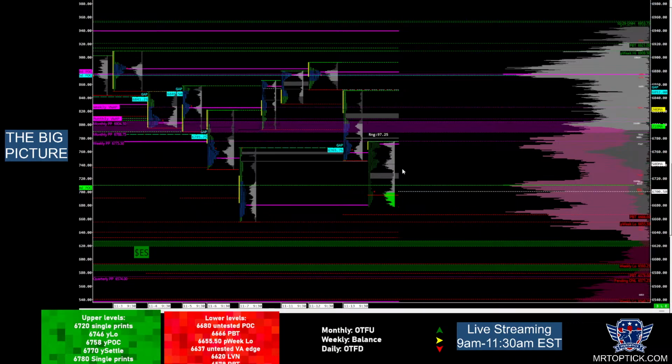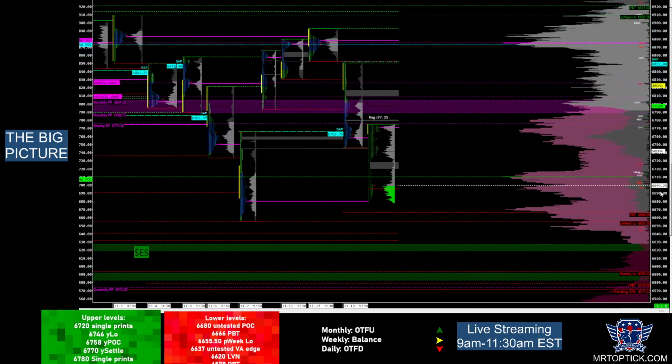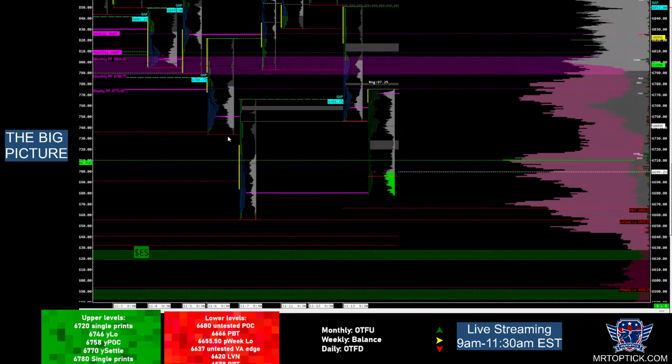I'm expecting a move back to fill the gap first into yesterday's low, and then see if we can come back inside value and then do a value area sweep and test the single prints from yesterday's session, which are at 67.80 ish. And that will be my final target, if we get a little bit of a squeeze, right?